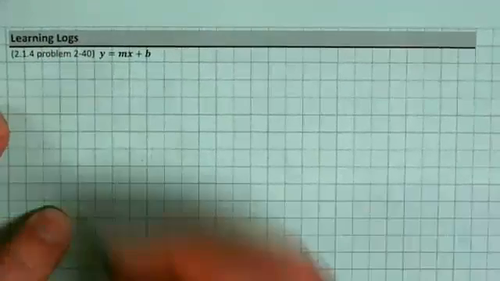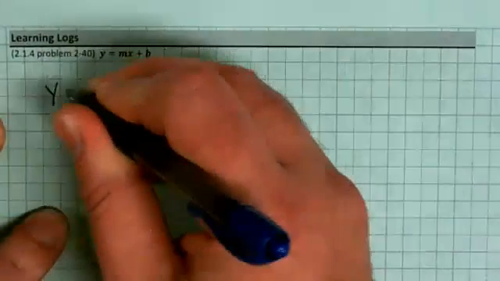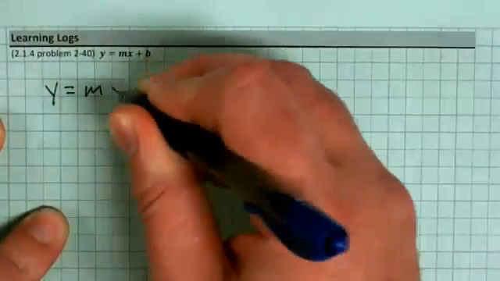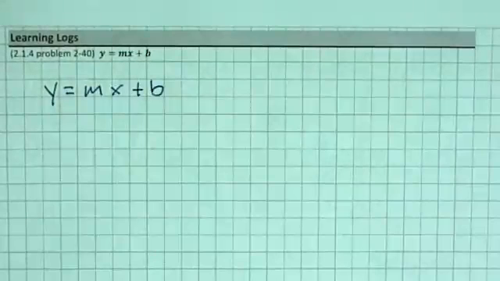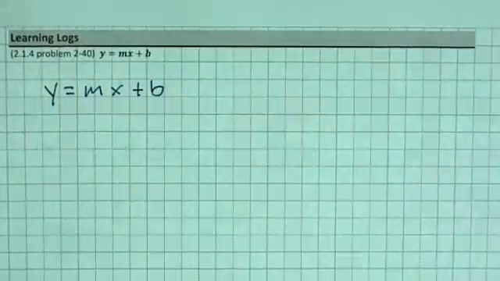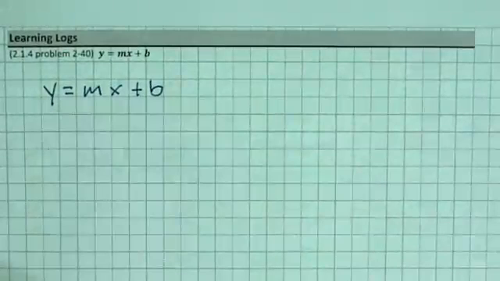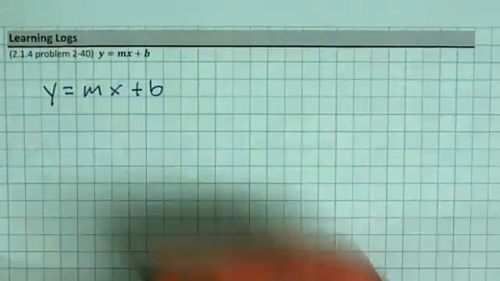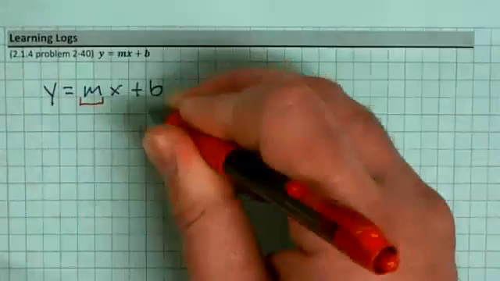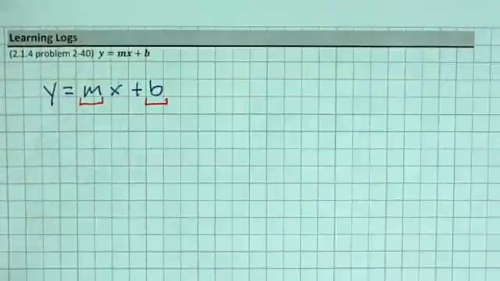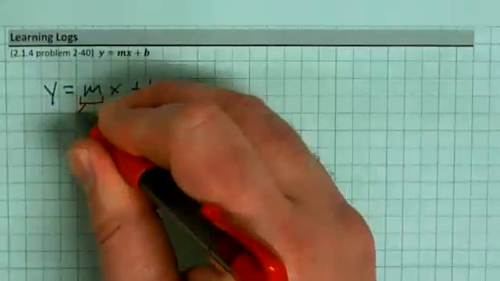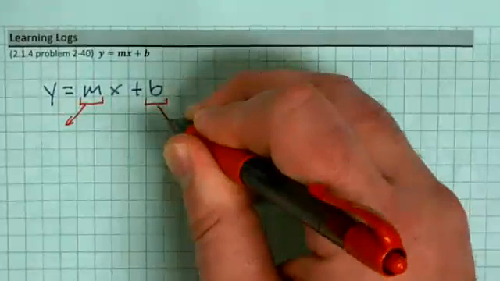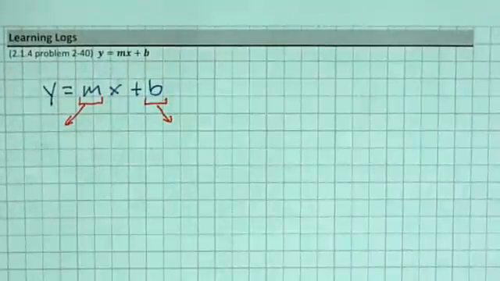So let's do it. I'm going to write this a little bit bigger. And I'm going to save some space underneath this because we're going to write a whole bunch of stuff underneath this equation. But for right now, we've got one way to talk about m and about b. We're actually going to add to this list as we go through the rest of the chapter because there are lots of different ways to look at this.